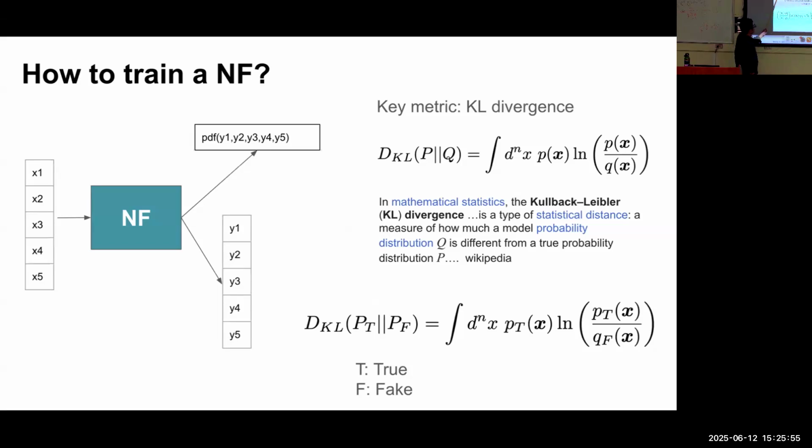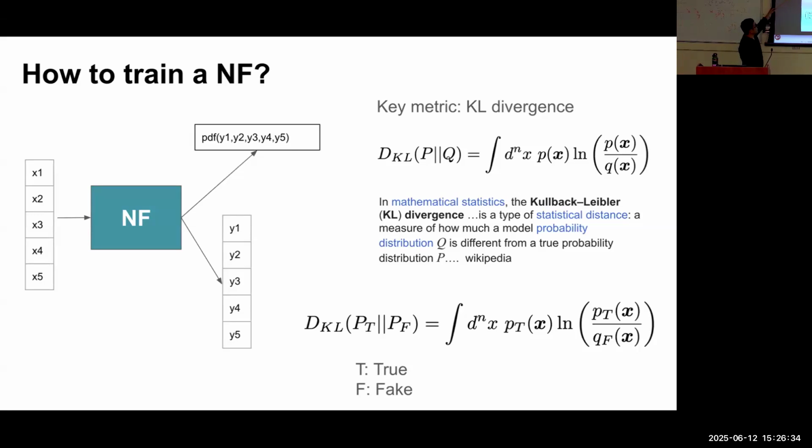Here, P is the true probability density, and Q will be the fake probability density that you will encode into a normalizing flow. This is a measure between two different densities. You can see here that when P is equal to Q, this is 0, so you basically reach the minimum. So if you want to optimize a neural net, this normalizing flow, you can try to minimize the KL distance, namely minimize this quantity.